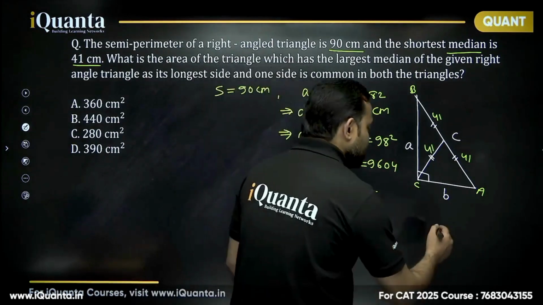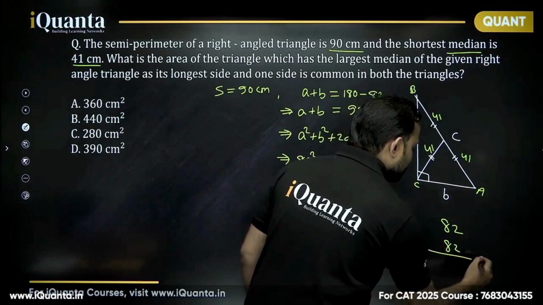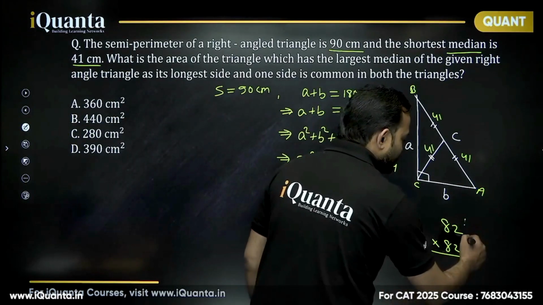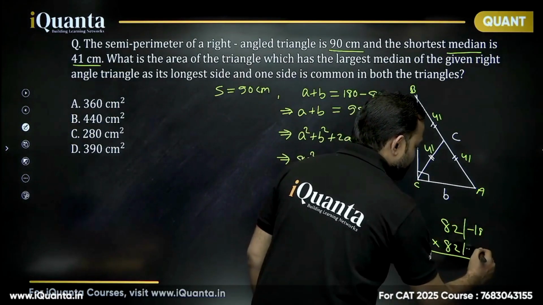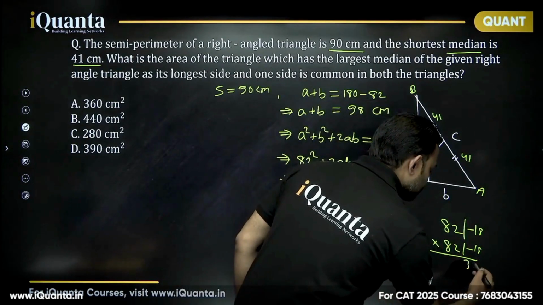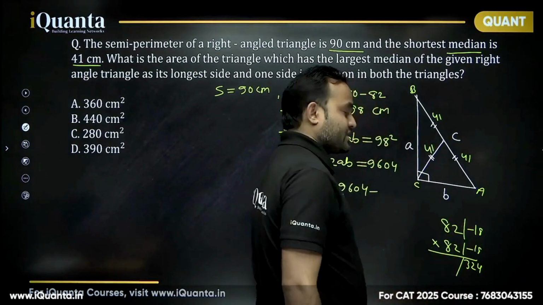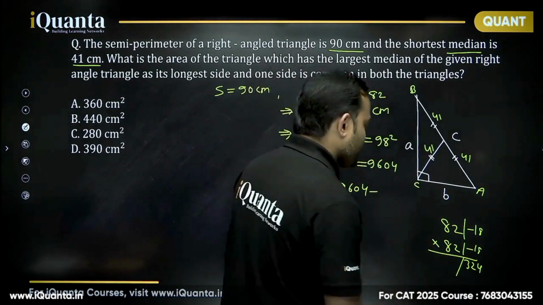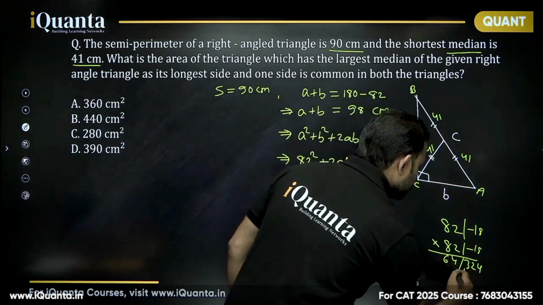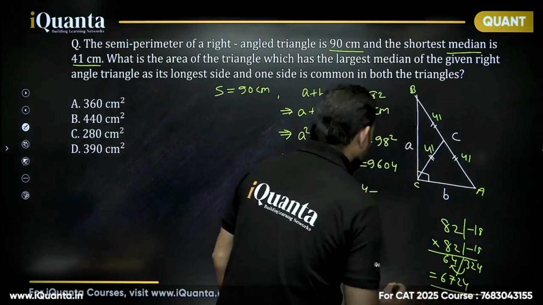Now what is 82 square? See, if you want to find the square of 82 quickly, how do we do this? Use 100 as base. 18 square is 324. Then 82 minus 100 will give us minus 18, and 82 minus 18 is 64. Now take the 3 here. This will become 6724.